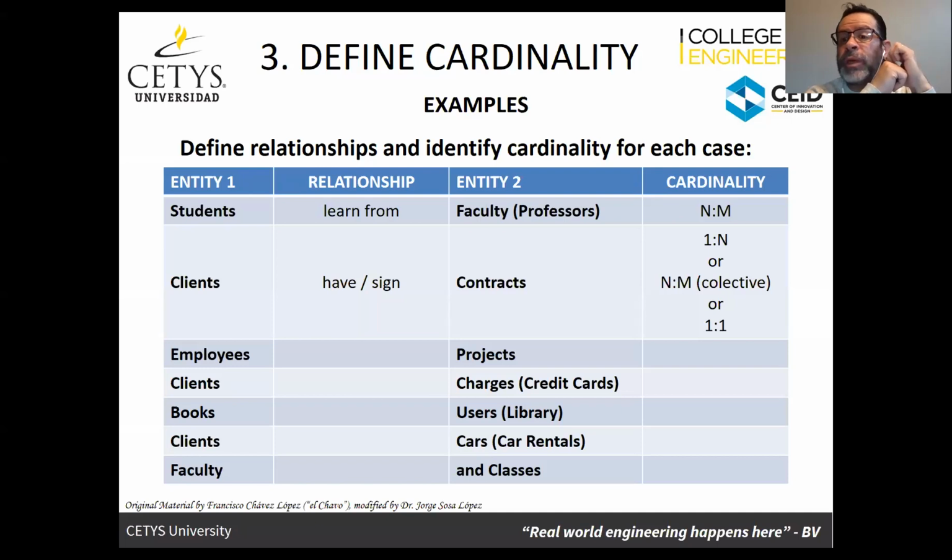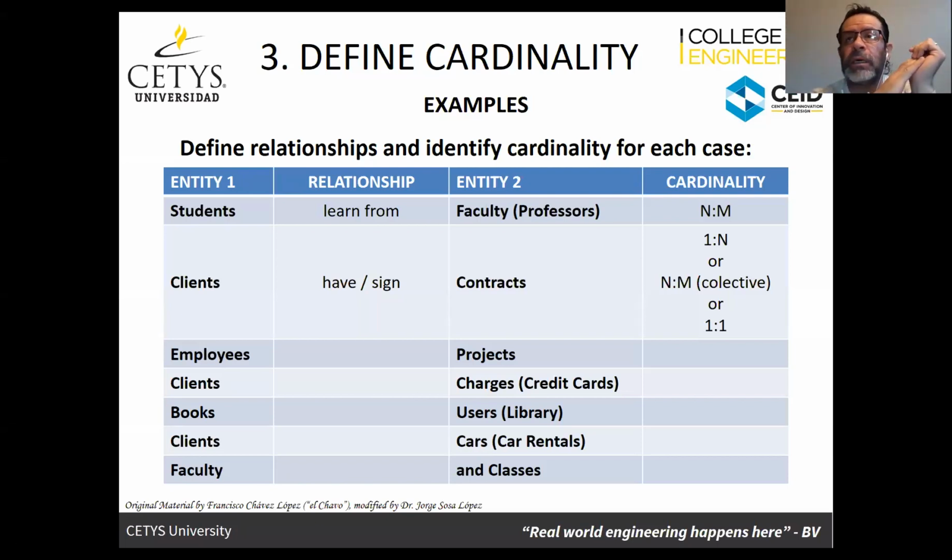And we were discussing clients and contracts, and we gave many examples of different variations of the cardinality in clients and contracts. We talked about clients having or signing contracts. This could be a one-to-many relationship, meaning one client can have many contracts, but each contract would be signed by just one client.